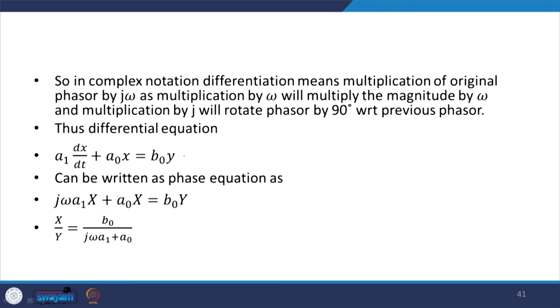Thus, this differential equation I can write as a phasor equation. Here, the differentiation dx by dt I am replacing by j omega. So, j omega a 1 into x, plus a 0 x is equal to b 0 y, and this way I can write.